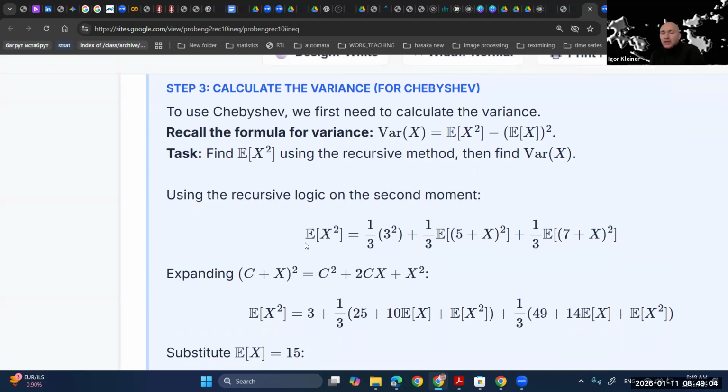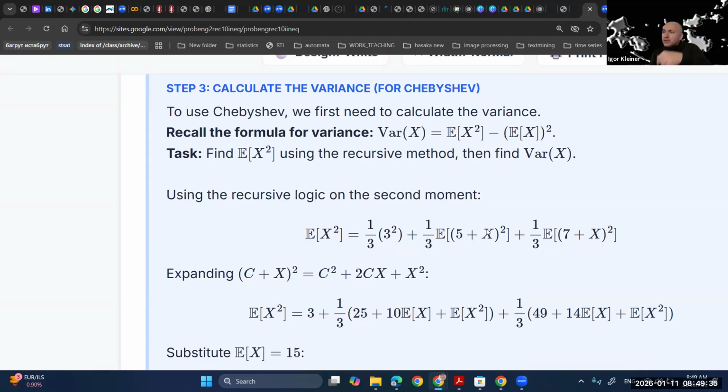But now here we want to find the expected value of x squared using the formula of conditional expectation. If we take the expected value of x squared by the formula of conditional expectation, we have three cases. With probability 1 over 3, x equals 3, so here we have 3 to the power 2. With probability 1 over 3, he chooses the second door, goes 5 hours and returns to the same room.